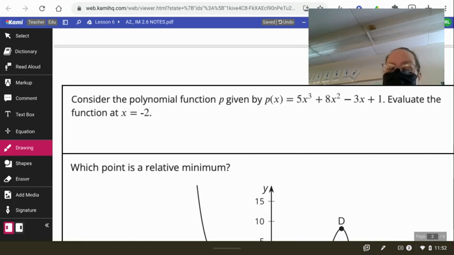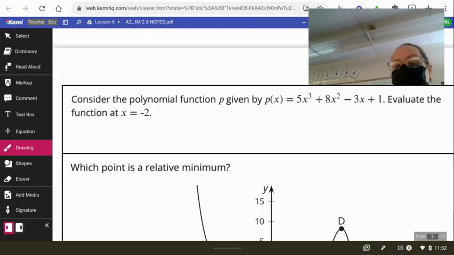The next one said, if you're given this equation, evaluate at x equals -2. What do I need to do here? Plug it in, right? Be super careful. You'll remember if you were here the day we looked at this in class, order of operations is important. Parentheses are really important. -2 with parentheses cubed or squared is different than -2 squared, right?